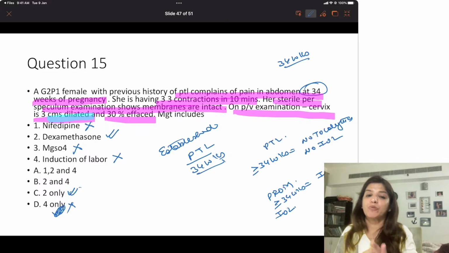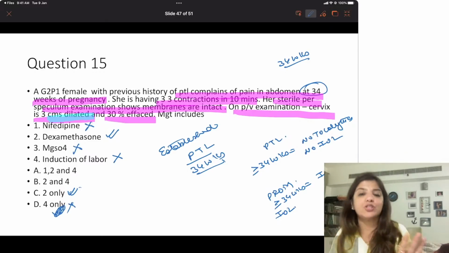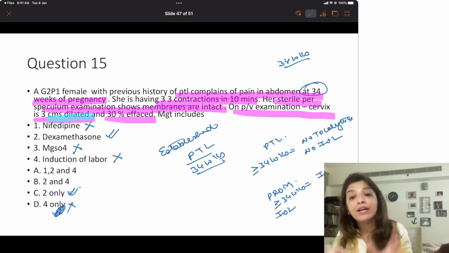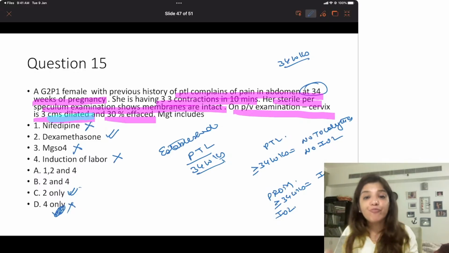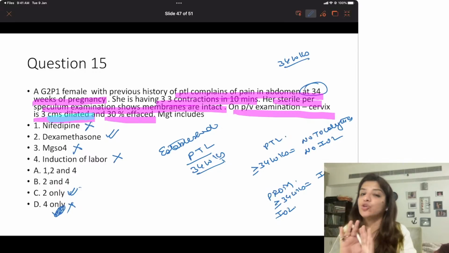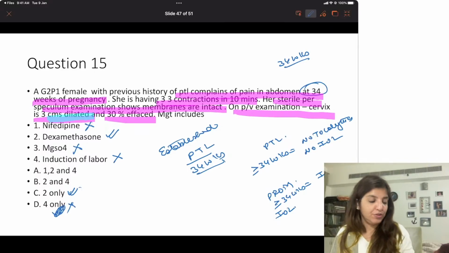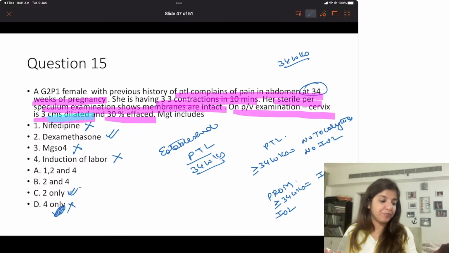Nifedipine tocolytic has to be used at less than 34 weeks. Magnesium sulfate has to be used at less than 32 weeks. Induction of labor is not done in preterm labor unless and until membranes are ruptured. If membranes are ruptured beyond 34 weeks, then you go for induction of labor. In preterm labor, you do not go for induction of labor. Right? So answer is option C, that is 2 only.